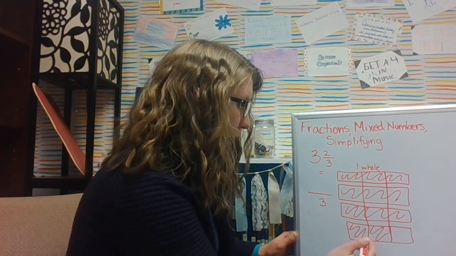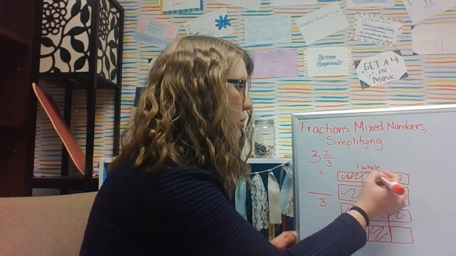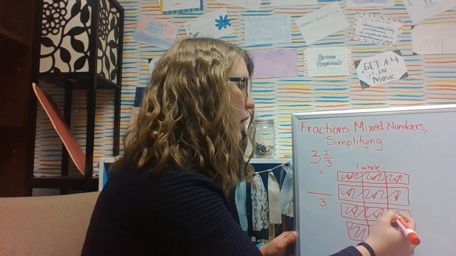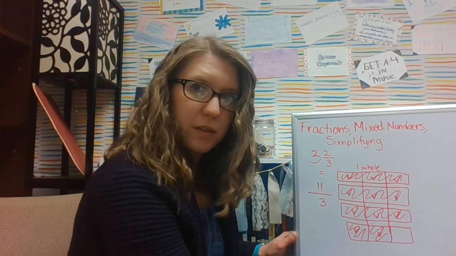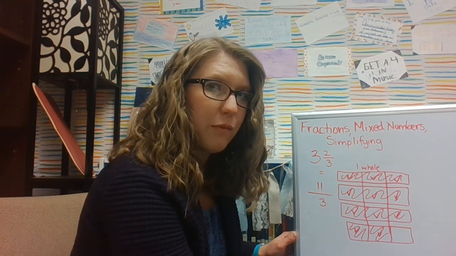So I'm going to count up how many thirds I can see. I see 1, 2, 3, 4, 5, 6, 7, 8, 9, 10, 11. You might have noticed as I was counting that I could have just counted in groups of 3.